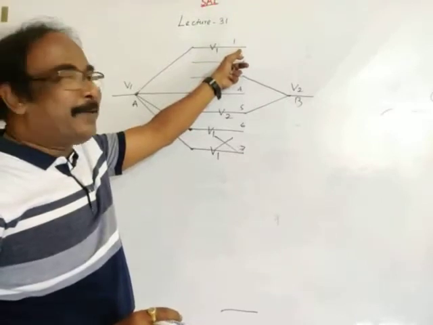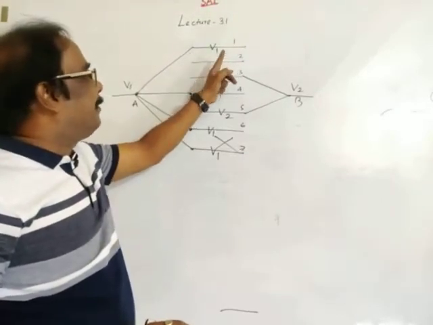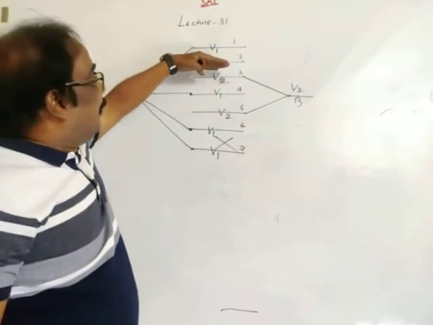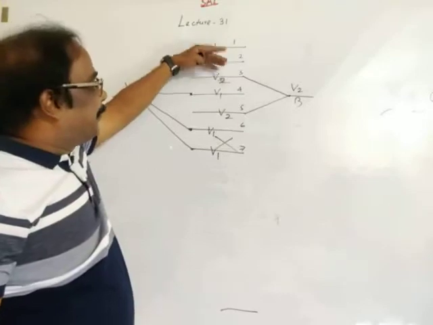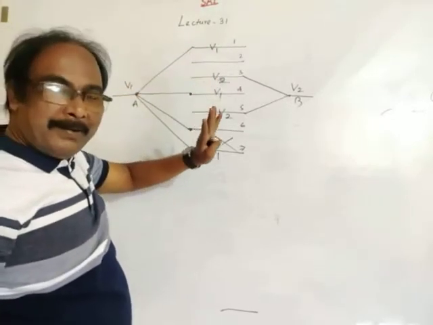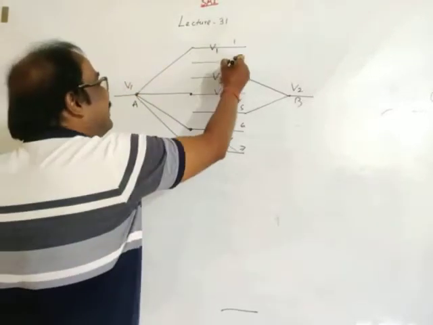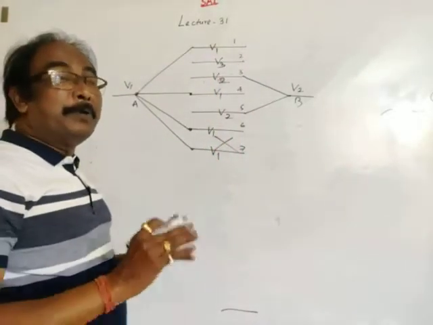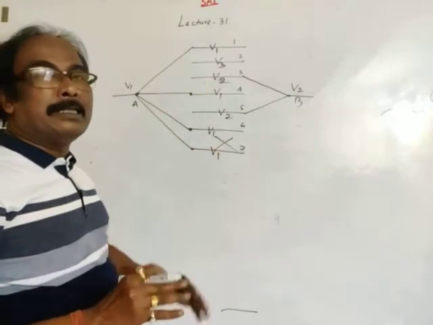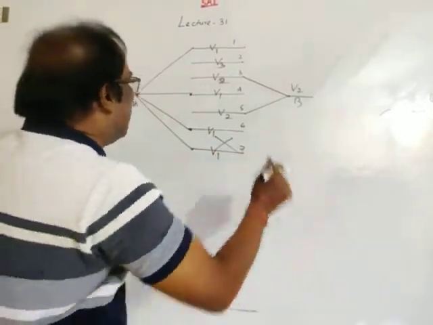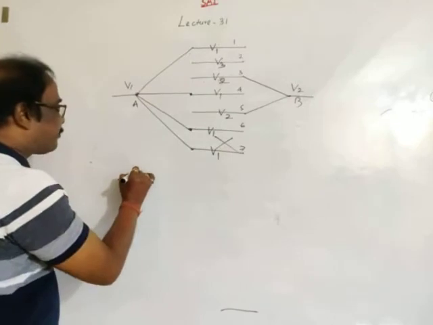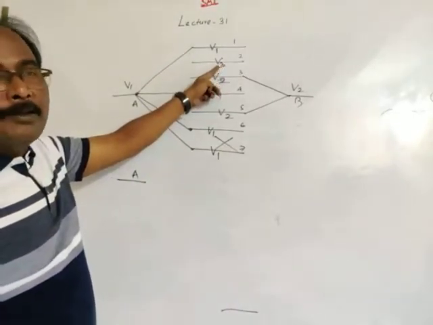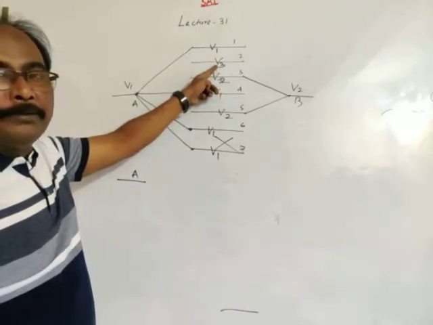Induced charge will appear on the upper surface of plate 2 and also on the lower surface of plate 2. So due to induced charge, a potential will develop. Let it be V3, developed due to induced charge.